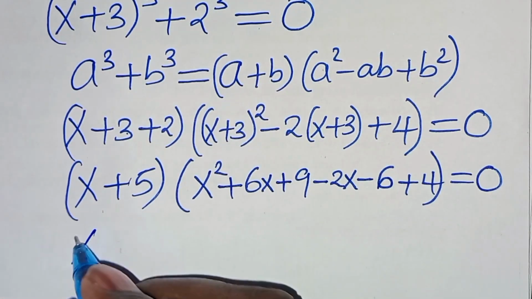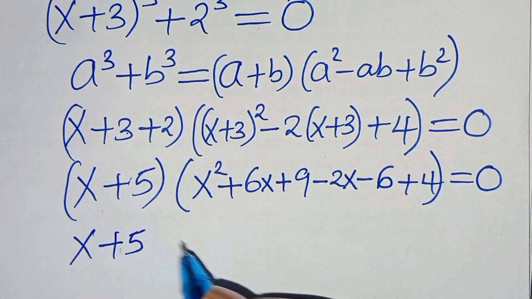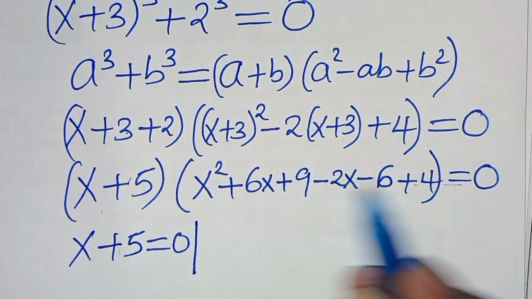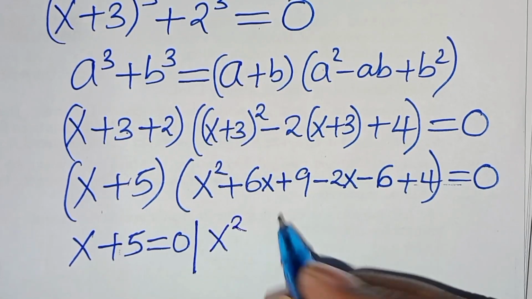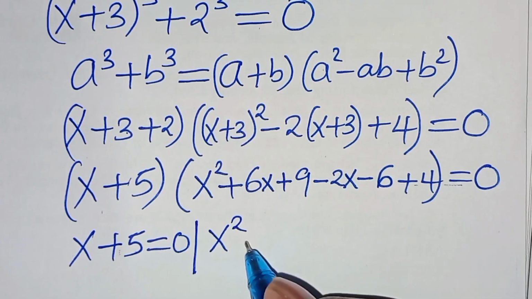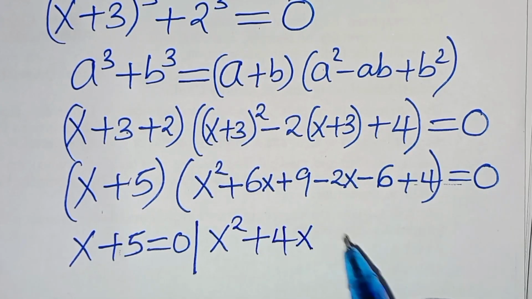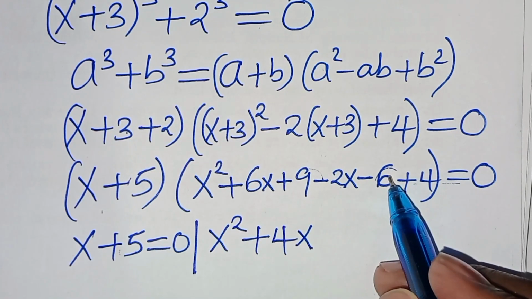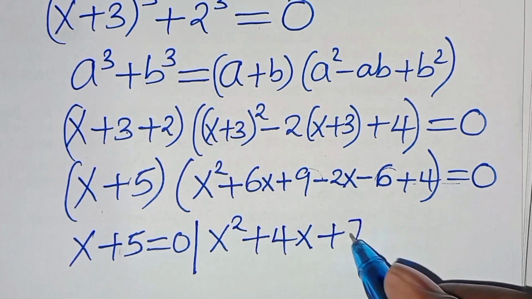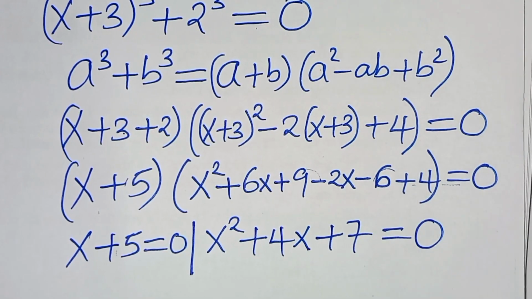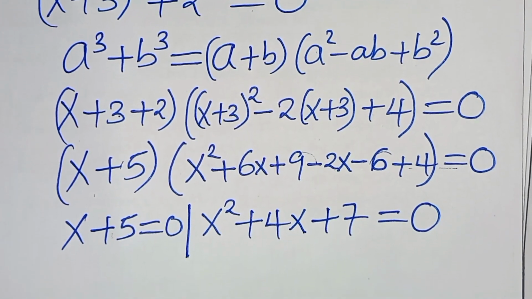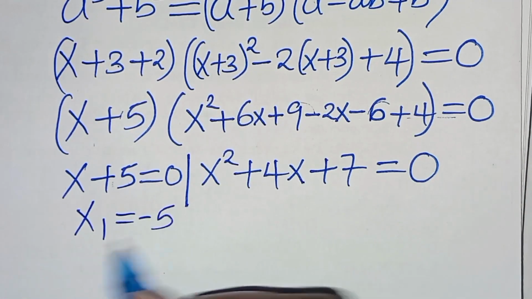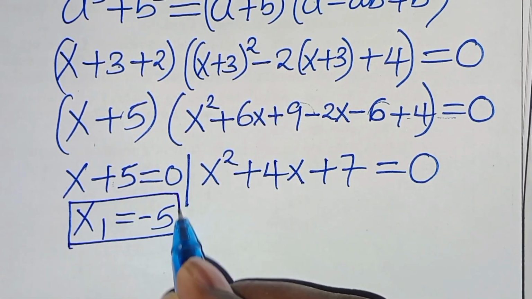So we have two parts here: x plus 5 equal to 0, and the second part, x squared, then 6x minus 2x is plus 4x, then 9 minus 6 is 3, 3 plus 4 is plus 7, equal to 0. So the next step, we have that x1 is equal to minus 5. This is the first real solution.